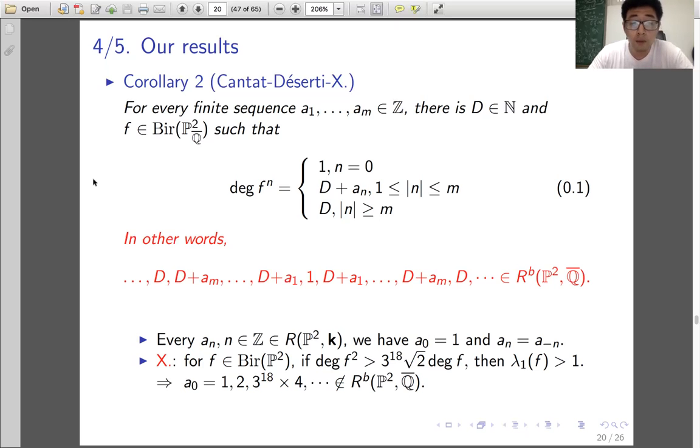So if we have a sequence whose first term is 1, a_2 is 2, and a_3 is 3, 19 times 4, then this sequence cannot be contained in R_b(P^2, Q̄).